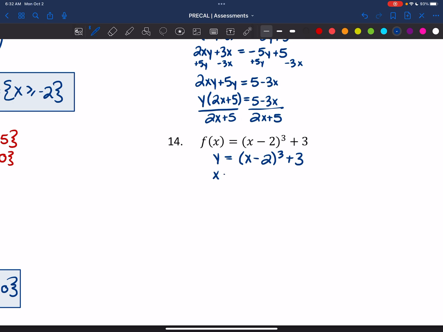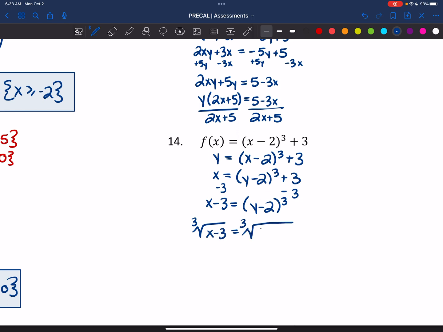So here we go. Switch the y for x and x for y. Now we want to undo the more basic operations, which would be the subtracting of 3 on each side, because we cannot undo anything inside this grouping, which is being raised to the third power. But we can undo that operation of raising to the third power by taking the third root on each side, or what we would call the cube root.